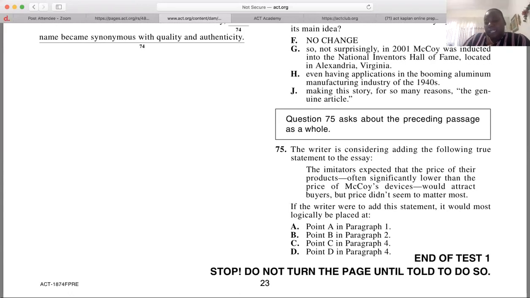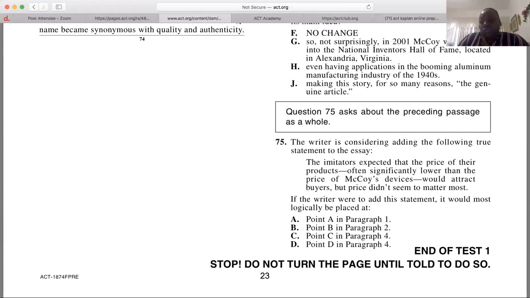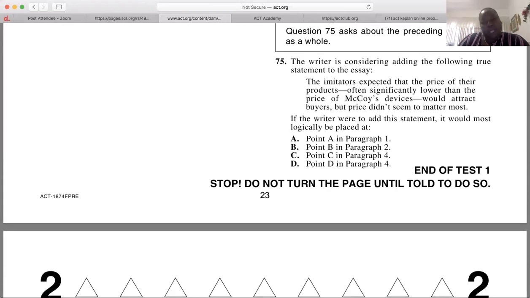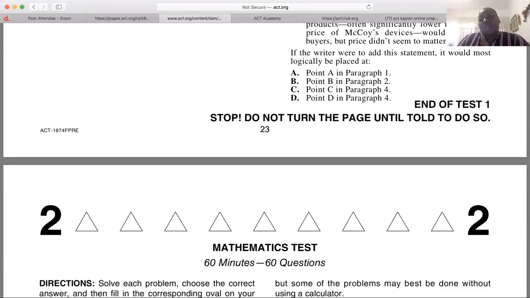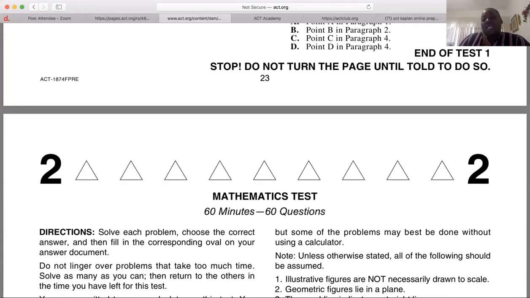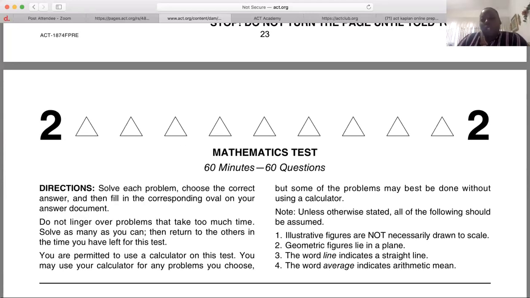After the English section on the CBT test, students would move to section 2 of the exam. So section 1 of the exam is English, section 2, mathematics, section 3, reading comprehension, and section 4, science. And then for those students who decide to do the writing, it is truly based upon the institution that you're trying to gain admission into, whether the institution has said you take the ACT or the SAT or the ACT with writing or the SAT with writing.